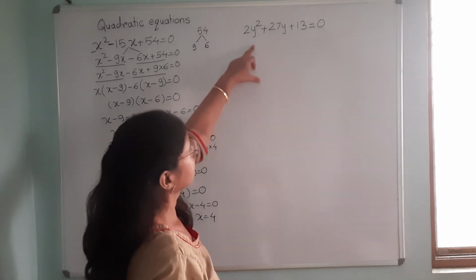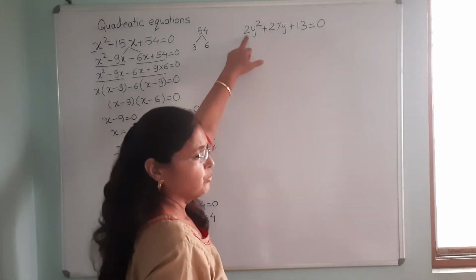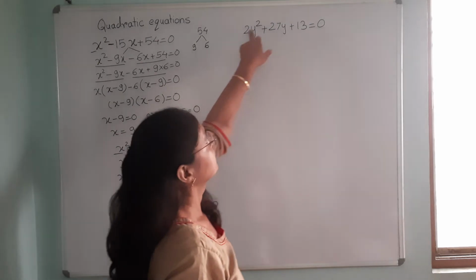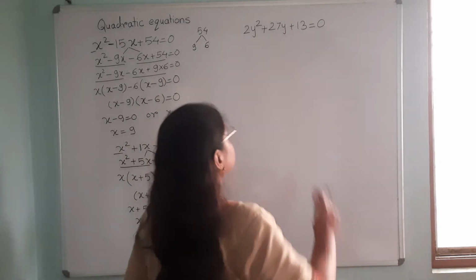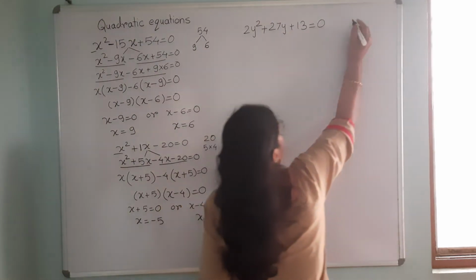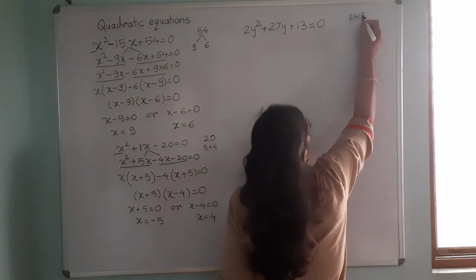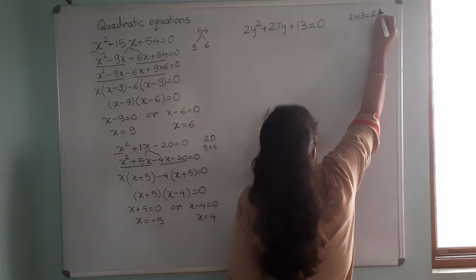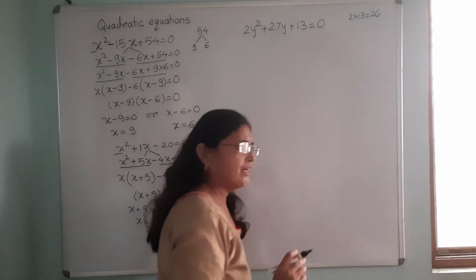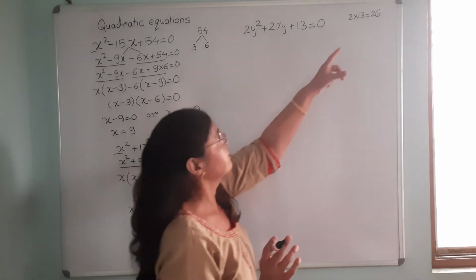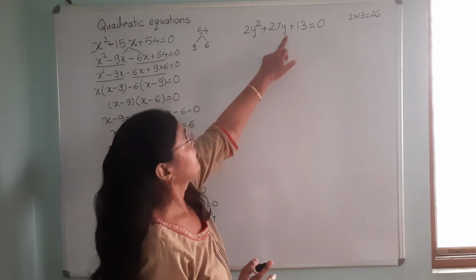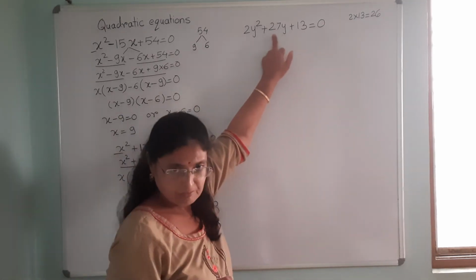Now we have to take the product of the coefficient of the square term and the third term. That means 2 into 13, that is 26. We have to find two factors such that their product is 26 and their sum is 27.